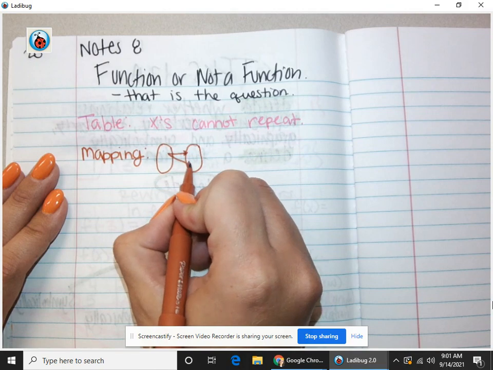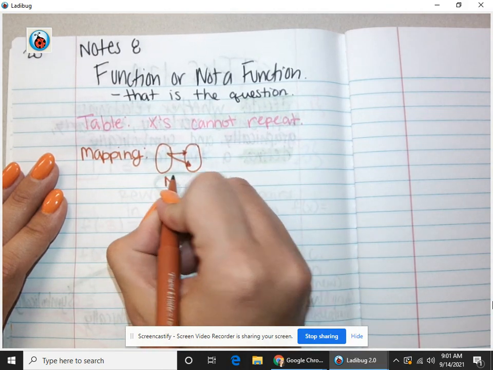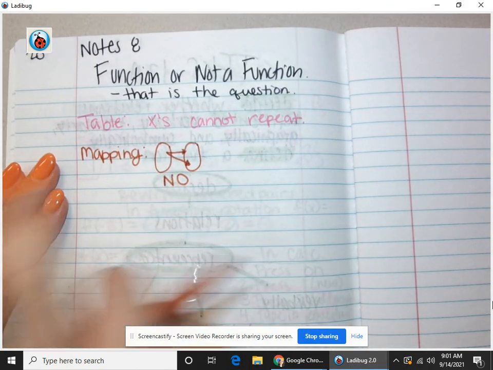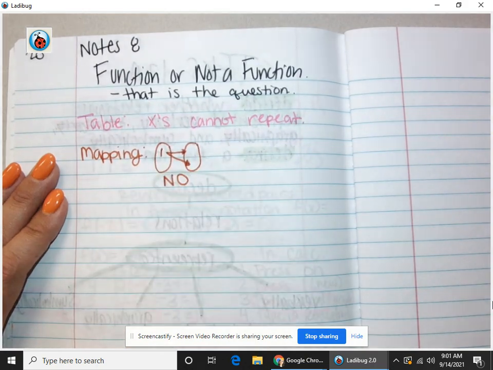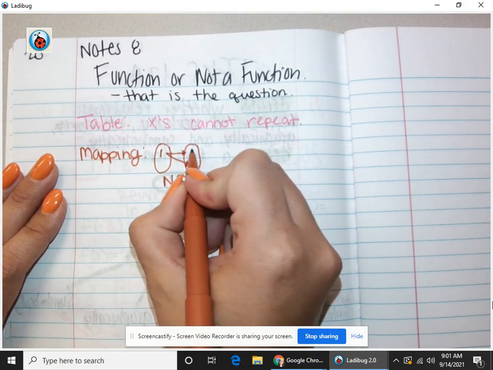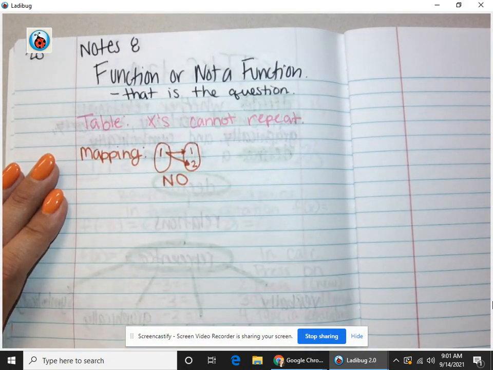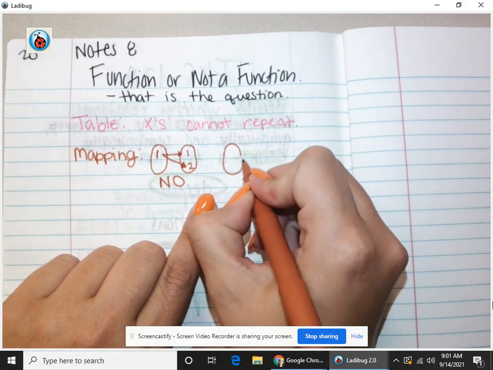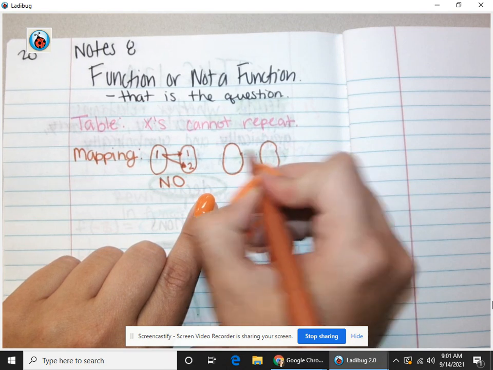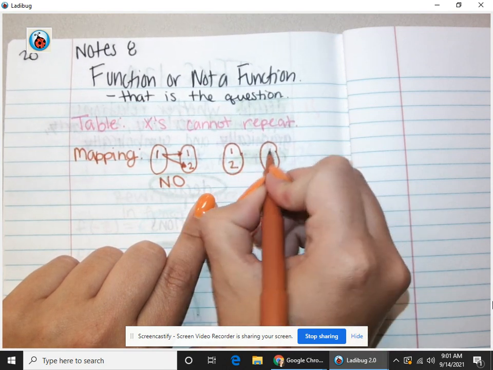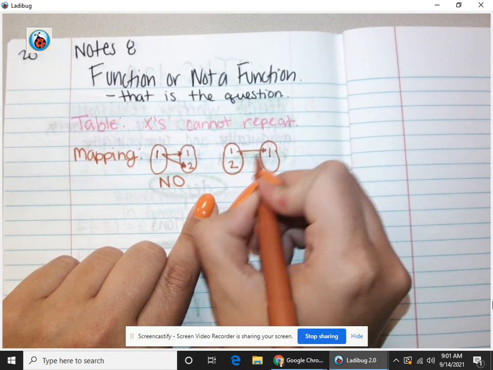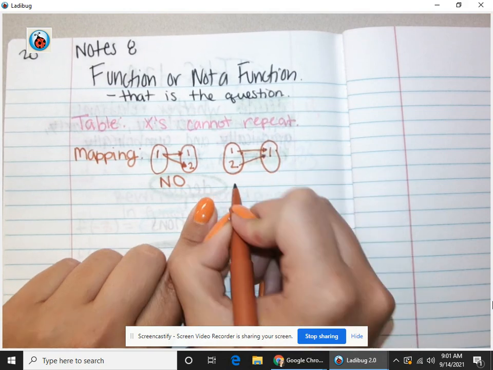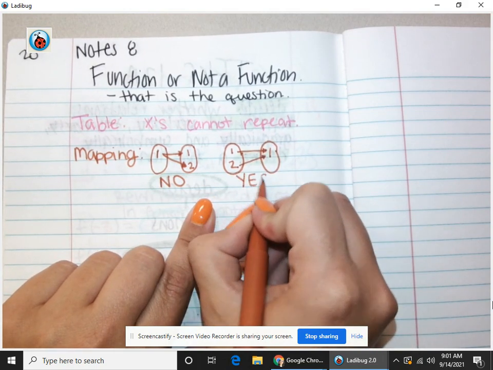This is a no, if it's like one x going to two different numbers, that means no. If I have it where I have two different x's going to the same y, it's good, it's okay.